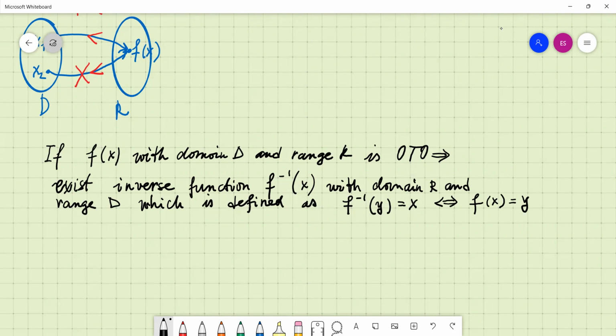So if some x goes into y, then this inverse function is going to take this y and bring it back into x.